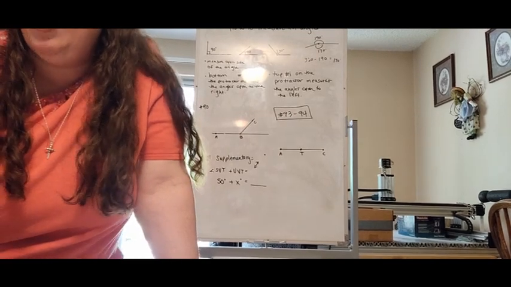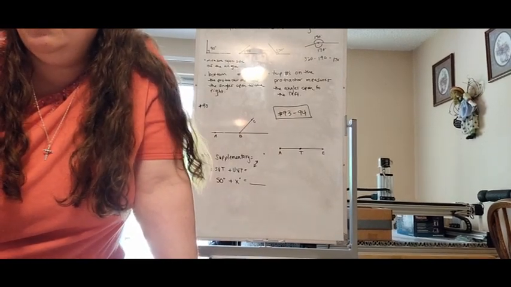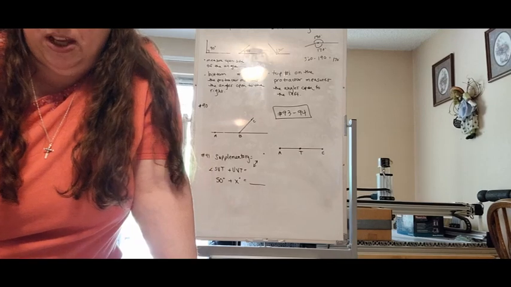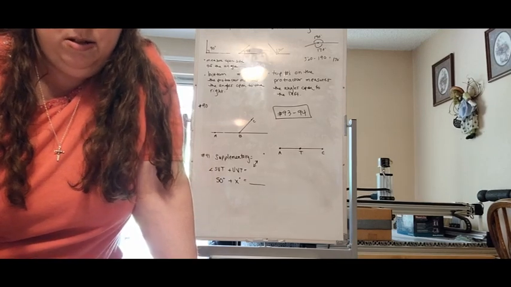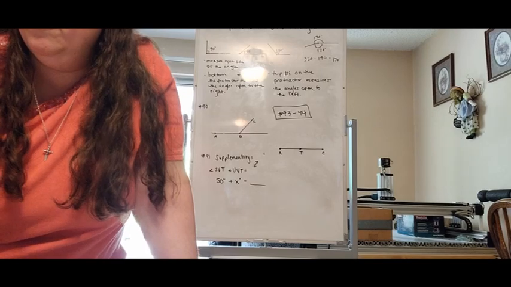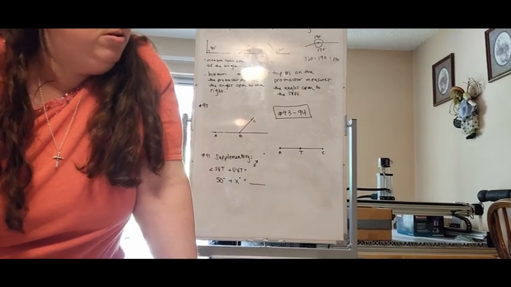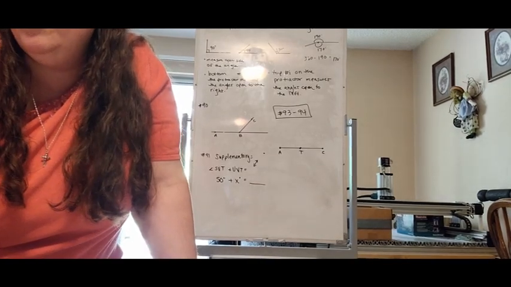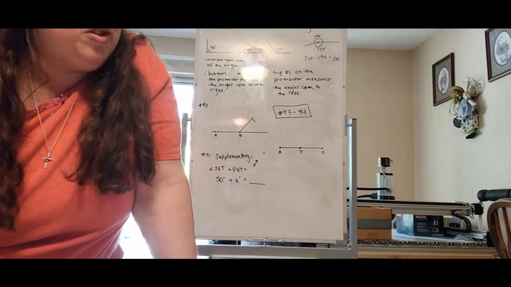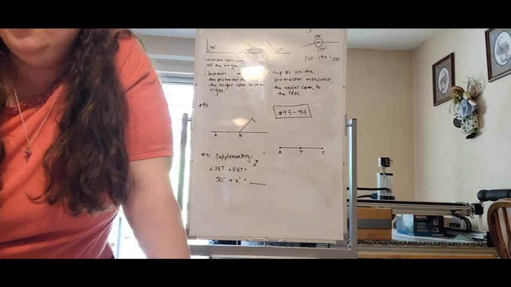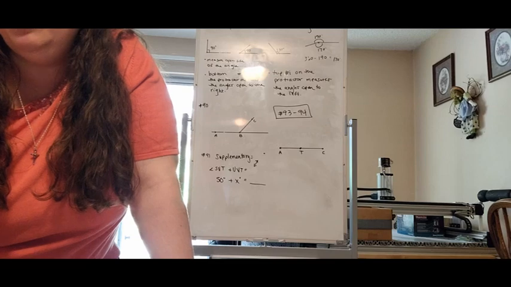Okay, so now we've got 175 plus 50. Which one, the top one? Yes, 175. Sorry, I was looking at her paper, not mine. Which one on here? We're not there yet. You'll get there.